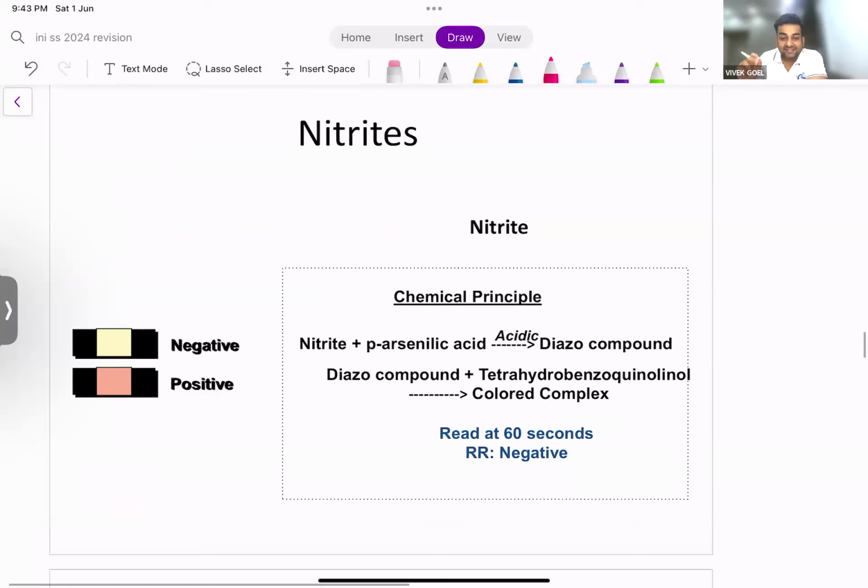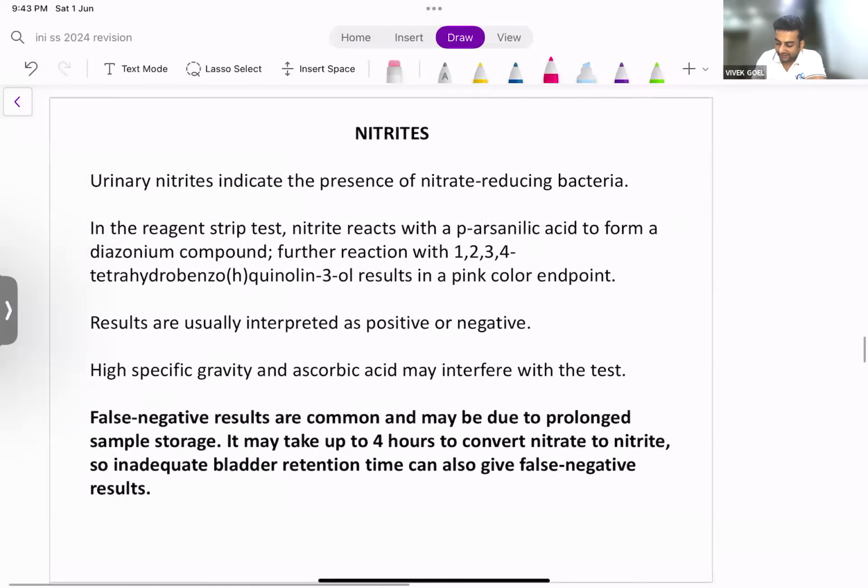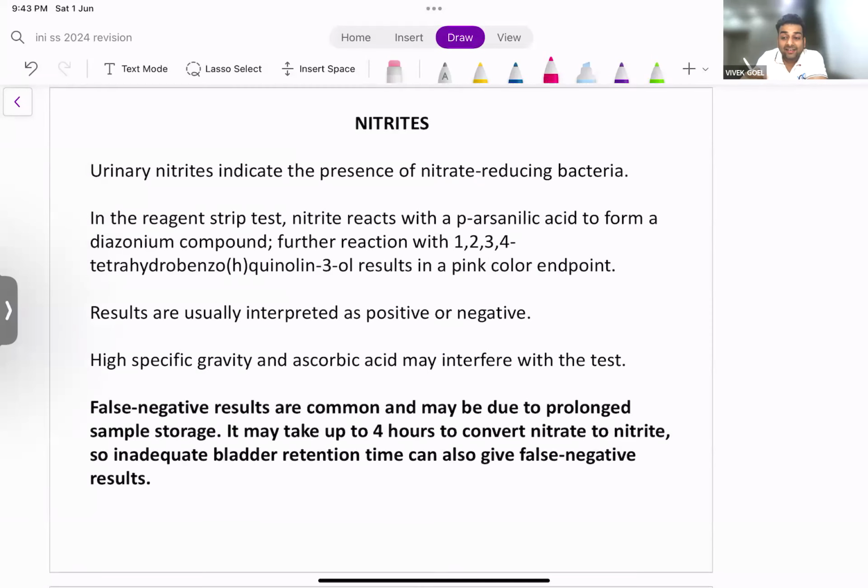Now, nitrites. Nitrites actually uses the presence of nitrate reducing bacteria. So what happens here is that the nitrite reacts with the arsanilic acid to form a diazonium compound, which further reacts with another chromogen to form a pink colored endpoint.